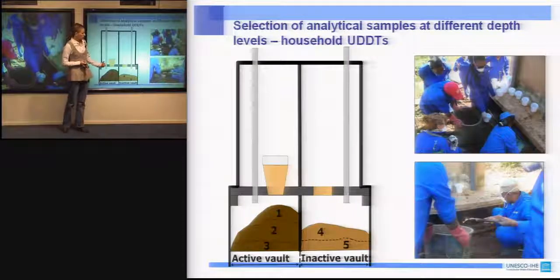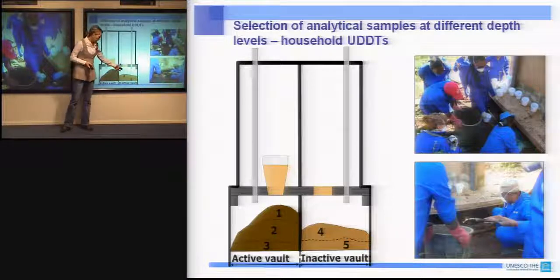For urine diversion toilets, again, we developed a different type of sampling method, sampling procedure, which incorporated two types of vaults, active and inactive vault. The active one was already in use, and the sludge was a lot more fresh.